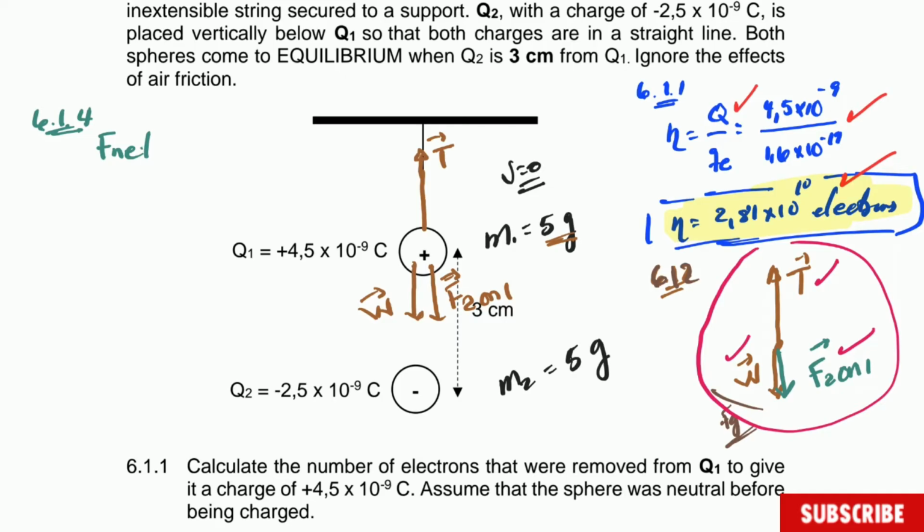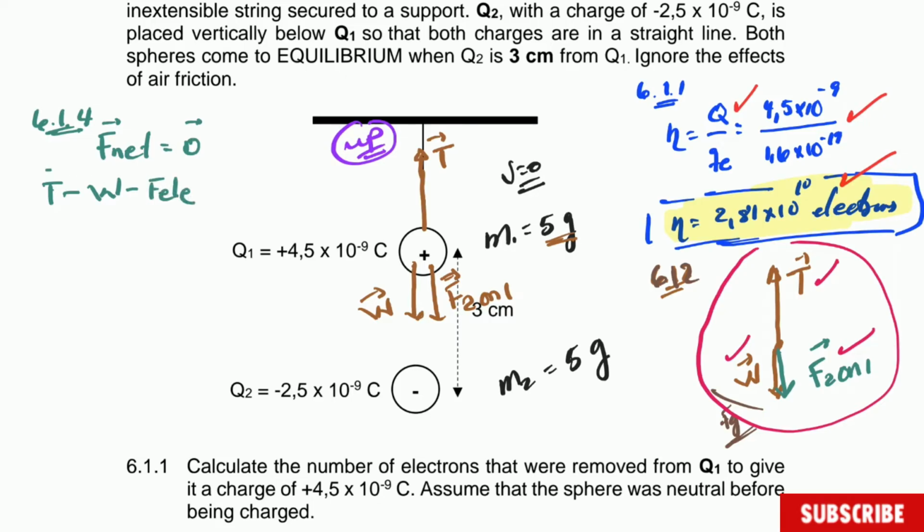F net is equal to 0 because the object is not moving. So what forces are acting on that object? In this case, I'm going to select up as positive, but it's not really a big issue here because the object is not moving. There is tension minus weight minus the electrostatic force.